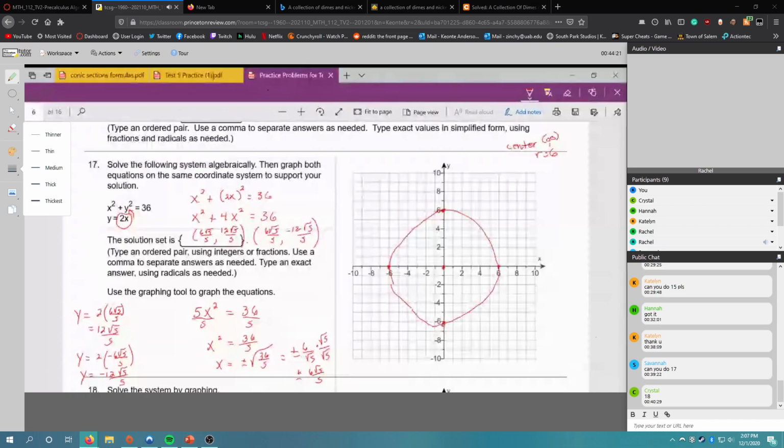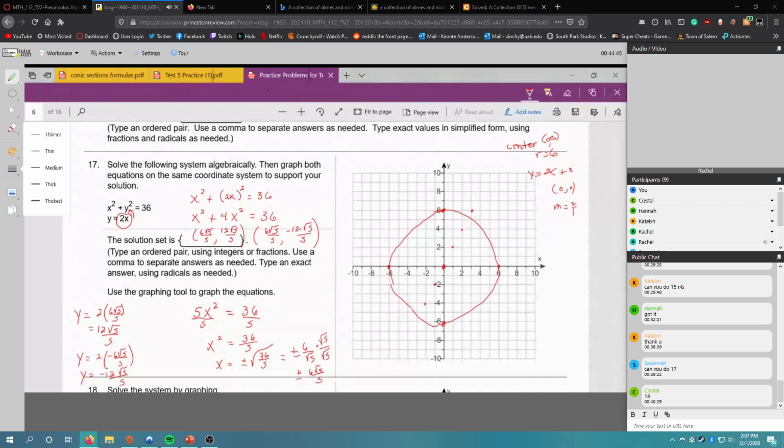I'm not real good at drawing circles on here. And then y equals 2x plus 0. The y-intercept would be 0, 0, and the slope would be 2, so 2 over 1. And then you would have to go down also to get the whole line.